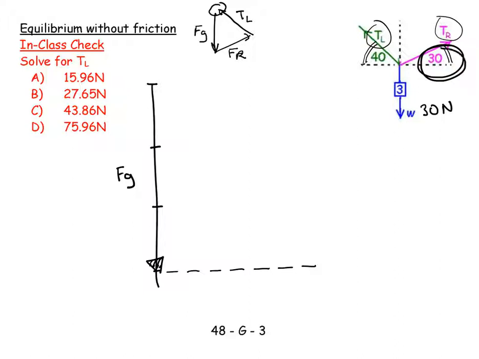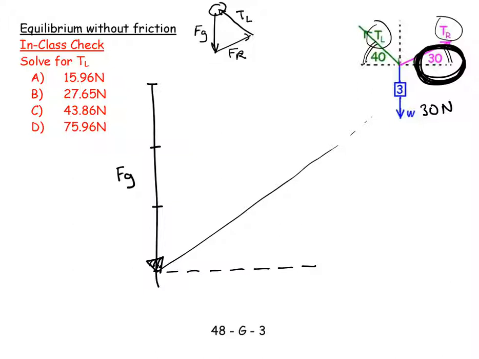If you look up here at this side, it's 30 degrees elevation above the horizontal. So I can draw a horizontal line onto the end of my FG arrow and get a protractor and measure 30 degrees up and draw myself a line. I don't know how long that line should be, but I know that that's the direction that the force must act in.